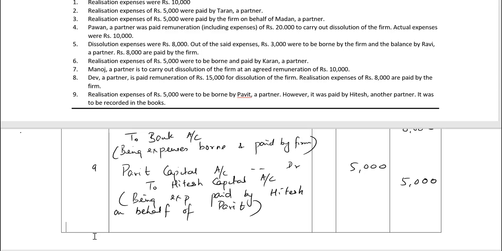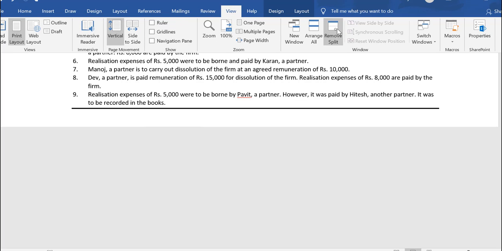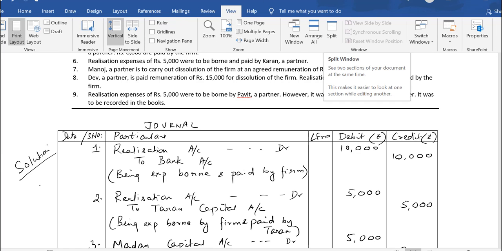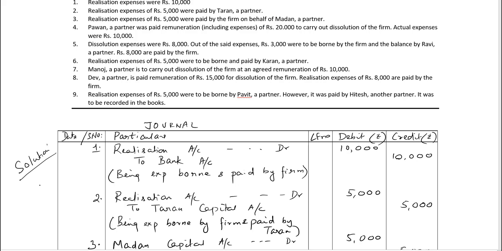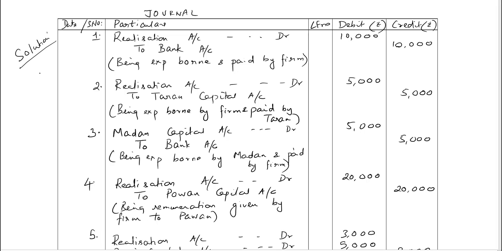We are done with the journal entries in this first example sum. I will remove the split. We can view the entire answer together. So these are the journal entries.